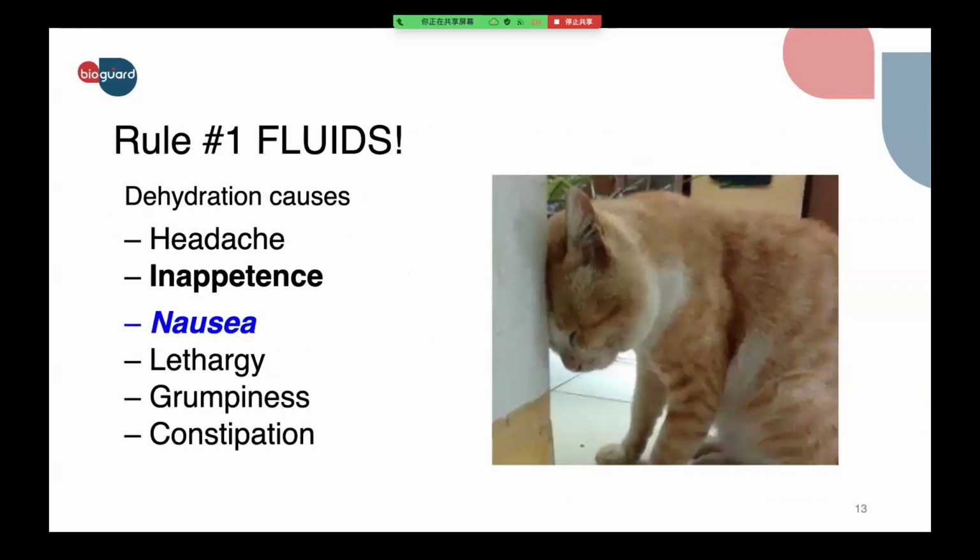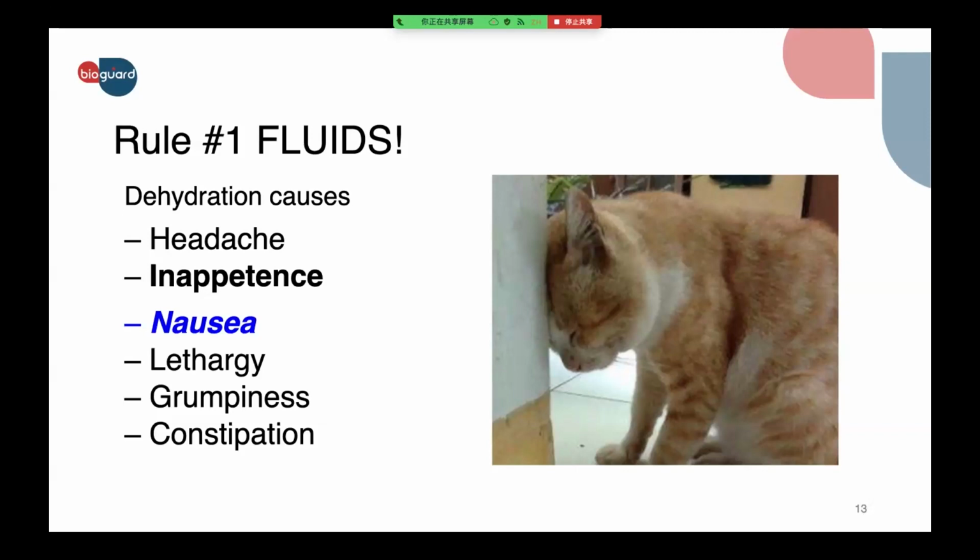We're going to talk about 10 rules about the treatment, how to treat the disease, and any tips for this kind of patient. First, the most important part is fluid, because through the physical exam we know Captain is in a very dehydrated status.